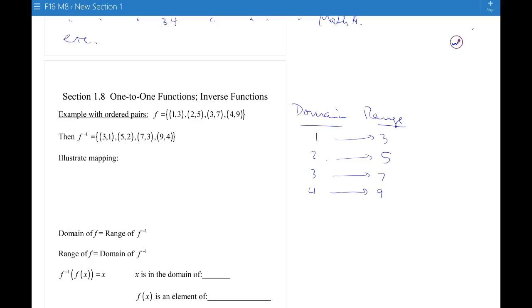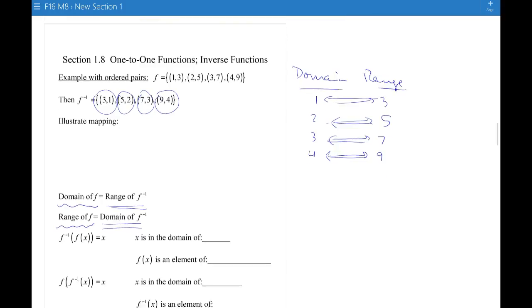Then the inverse function takes 3 back to 1, and 5 back to 2, and 7 back to 3, and 9 back to 4. So that's the inverse function. It's pretty straightforward. So notice that the domain of f is the range of f inverse, and the range of f is the domain of f inverse.